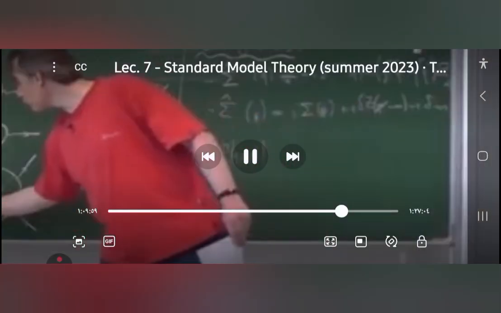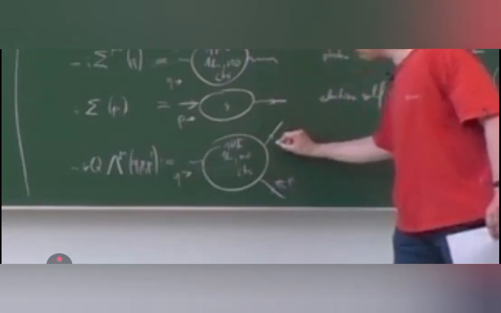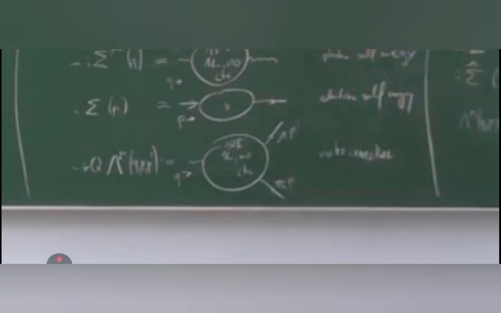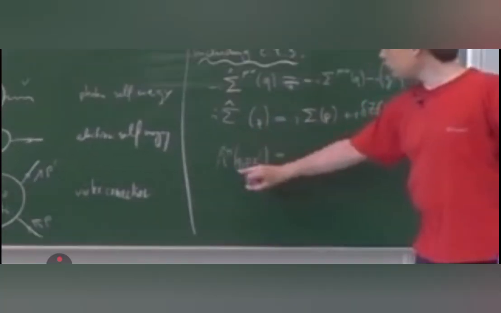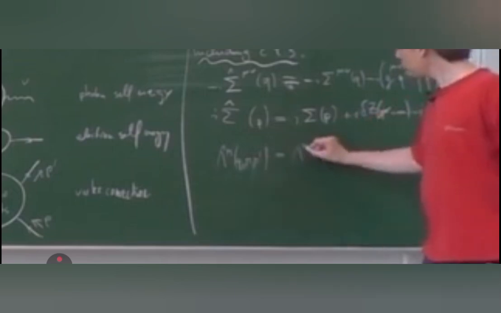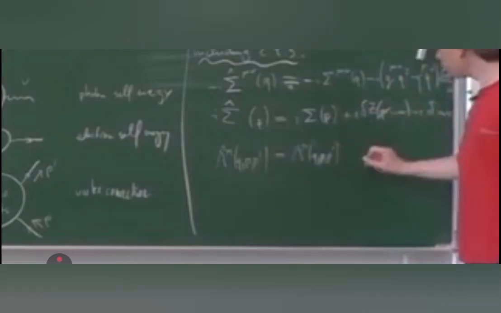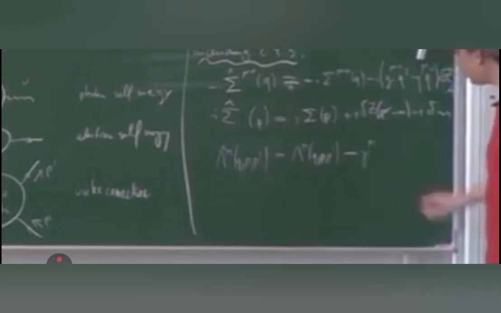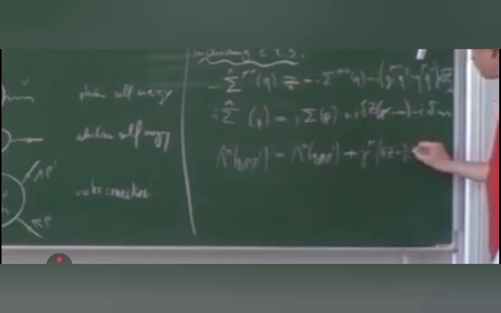So Q flows inside, P flows inside along the direction of the arrow, and P prime flows out along the direction of the arrow. Then after renormalization, Lambda hat mu is the unrenormalized Lambda mu with the same arguments, plus the counter term Feynman rule, which is minus gamma mu plus gamma mu times delta z plus 1/2 delta Z_A plus delta e over e.